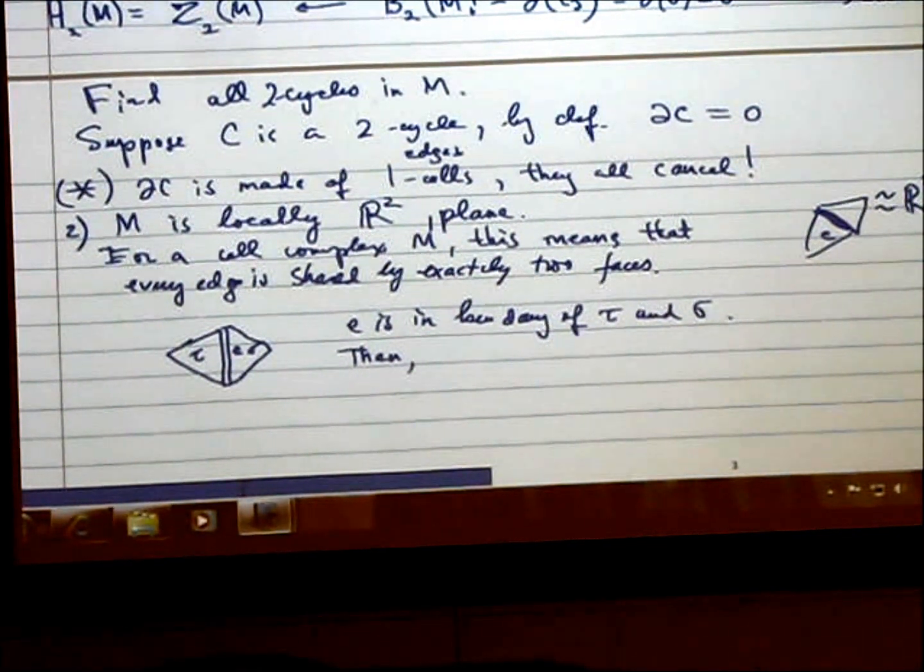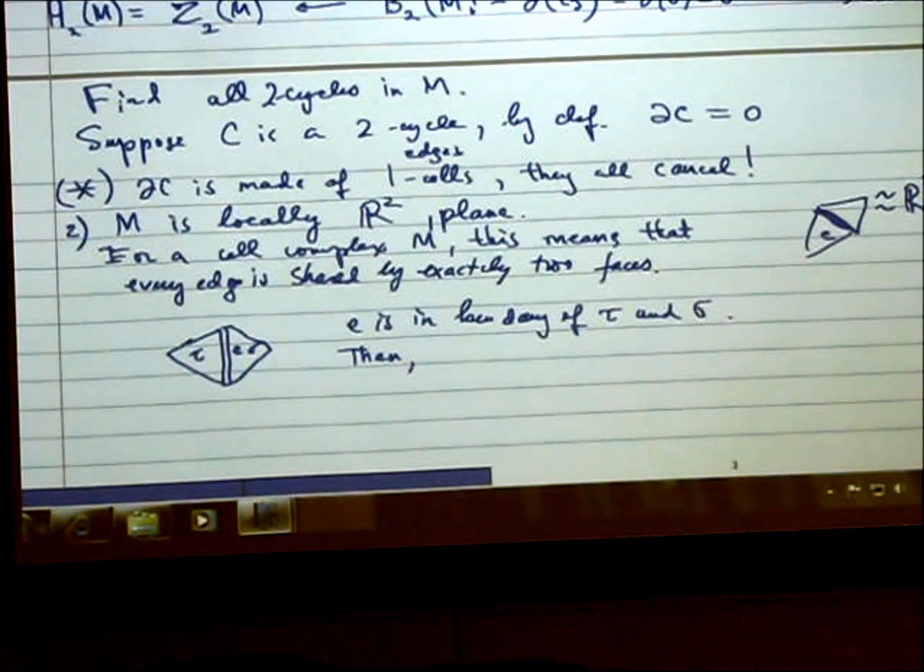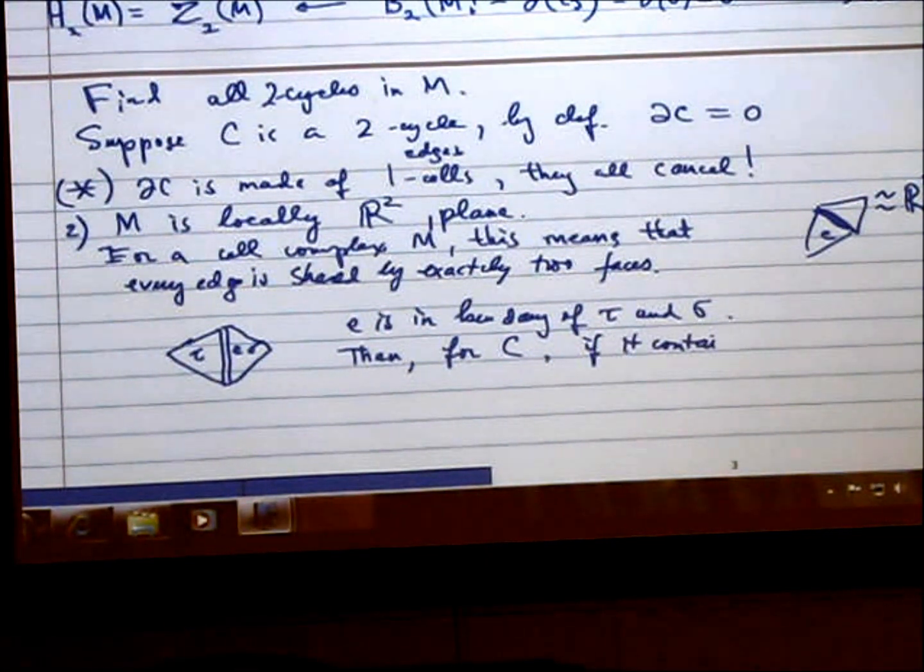E has to cancel. So E can possibly appear, as far as C is concerned, in the boundary of tau or in the boundary of sigma only. Which means, what does it mean for C? If it contains tau, then what?